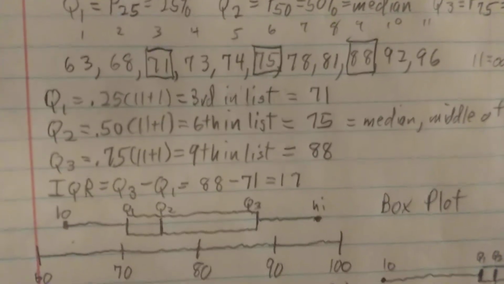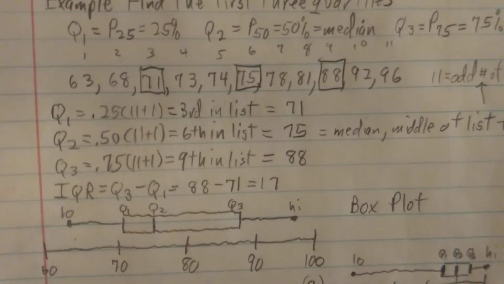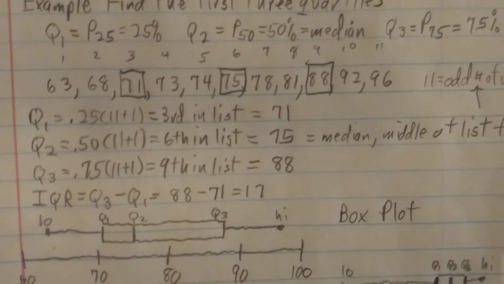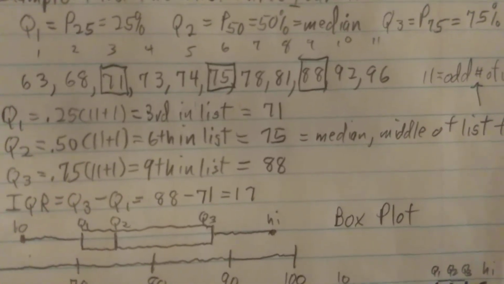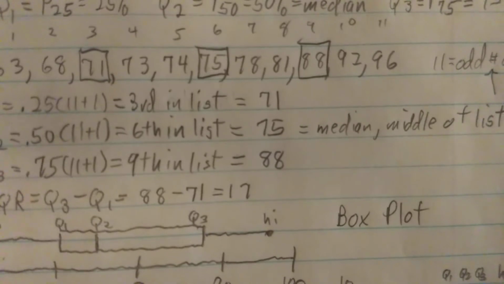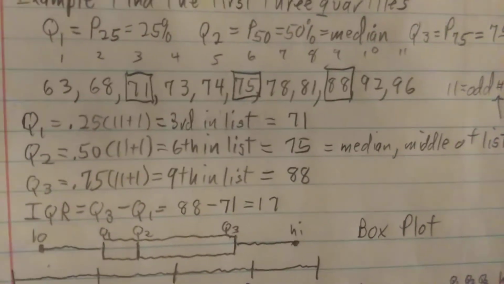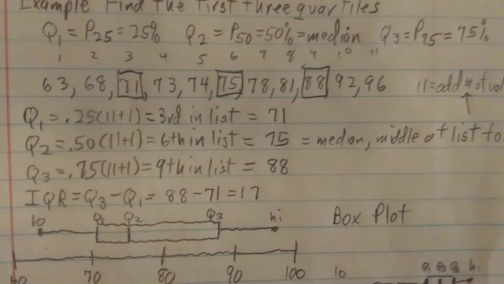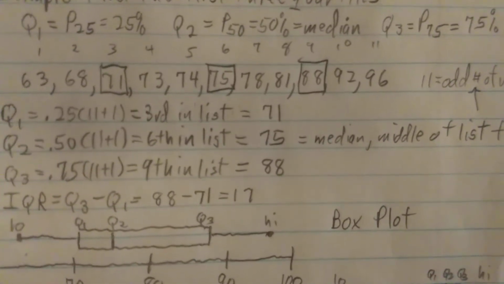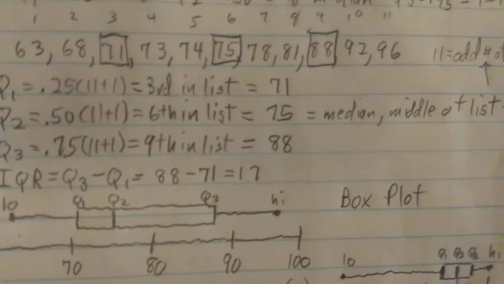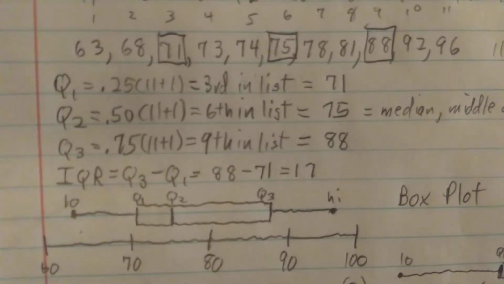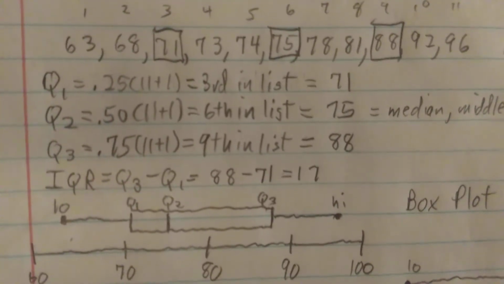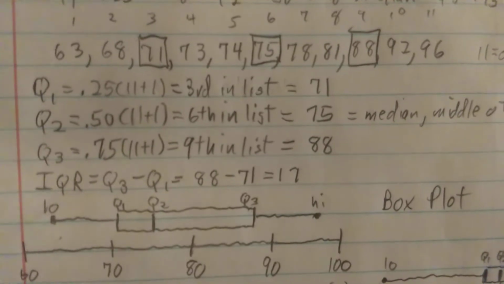So now we have the sorted data: 63, 68, 71, 73, 74, 75, 78, 81, 88, 92, 96. Now here we have an odd number of values, 11, so there is a middle, the sixth one, which is 75. So the way we can calculate that is when we have an odd number, we can do it this way.